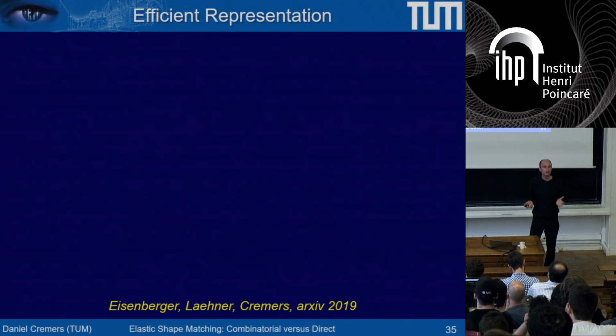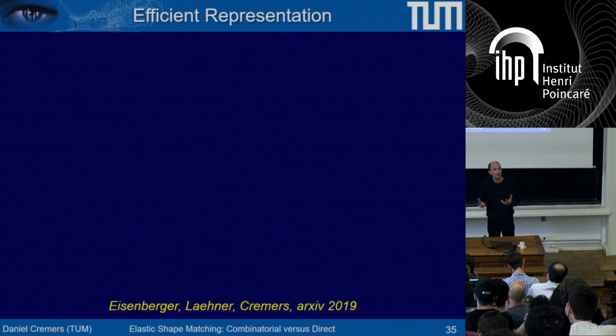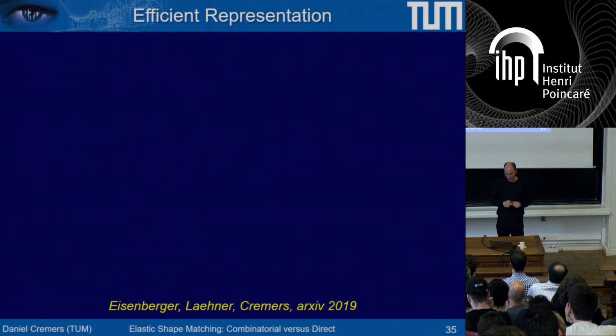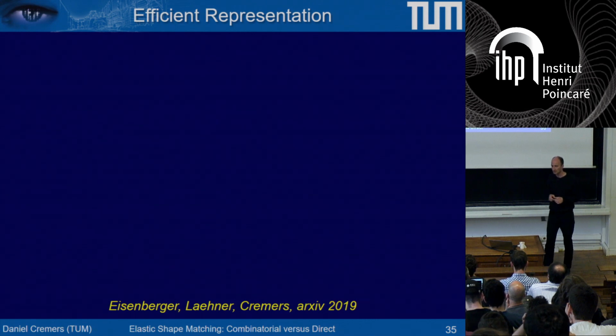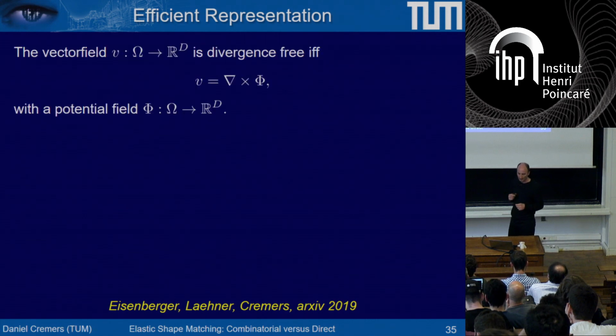Another obvious fact is the space of divergence-free vector fields is a linear space. So this is very nice in terms of optimization. We can constrain to that linear subspace of divergence-free vector fields. Furthermore, there's an even nicer property of divergence-free vector fields. A vector field is divergence-free if and only if it can be written as the curl of some potential function.